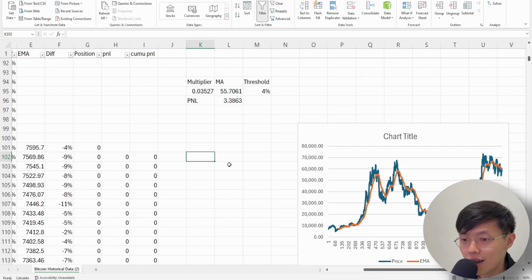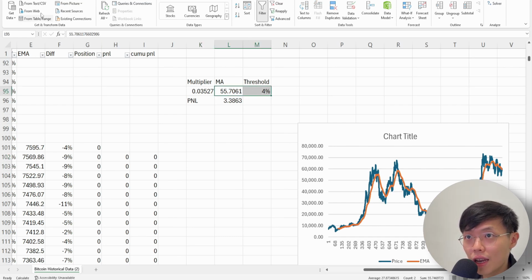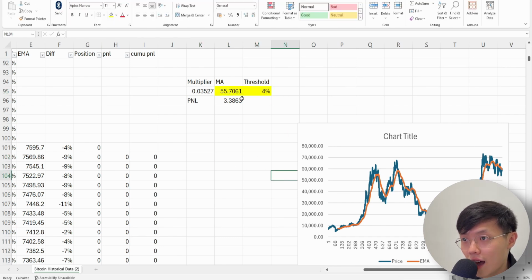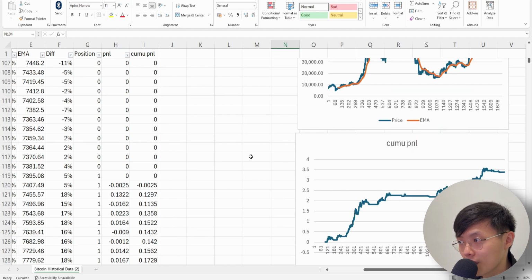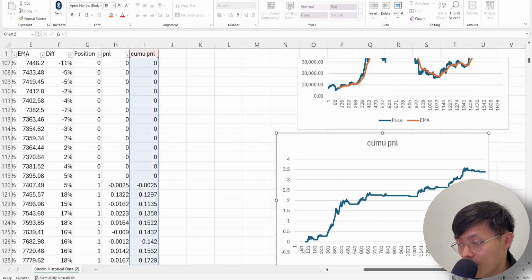So now the Excel Solver actually found out these two combinations can get the highest P&L. As you can see, my cumulative P&L was almost 3.5.